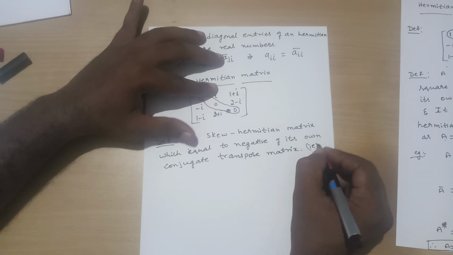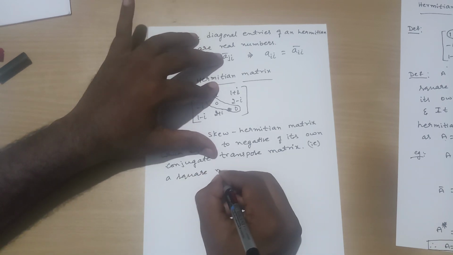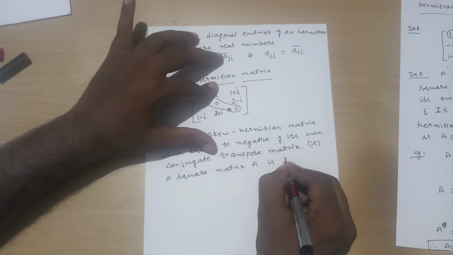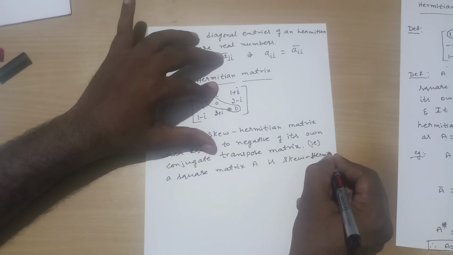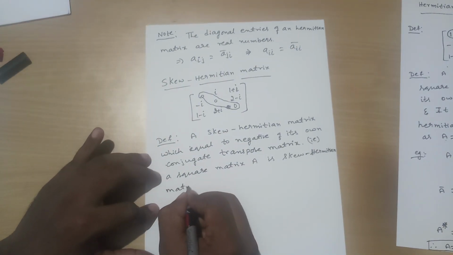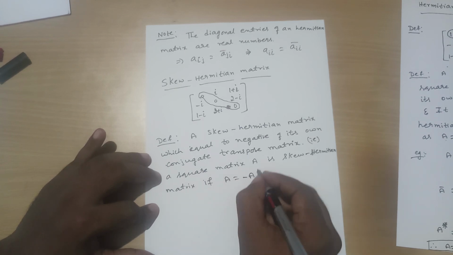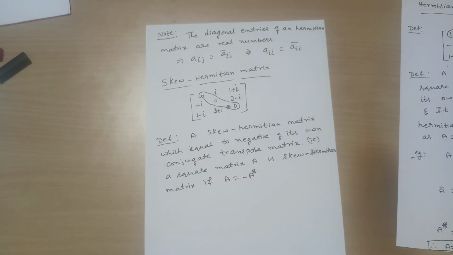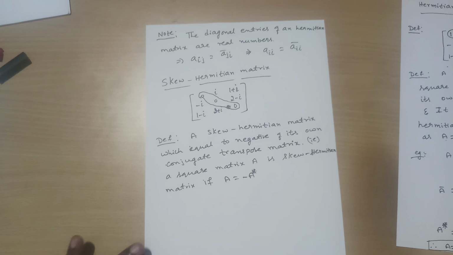So that is a square matrix. A square matrix A is a skew Hermitian matrix if A equals minus the transpose conjugate matrix. So you have to remember this one. Okay, you'll use it in the problems.